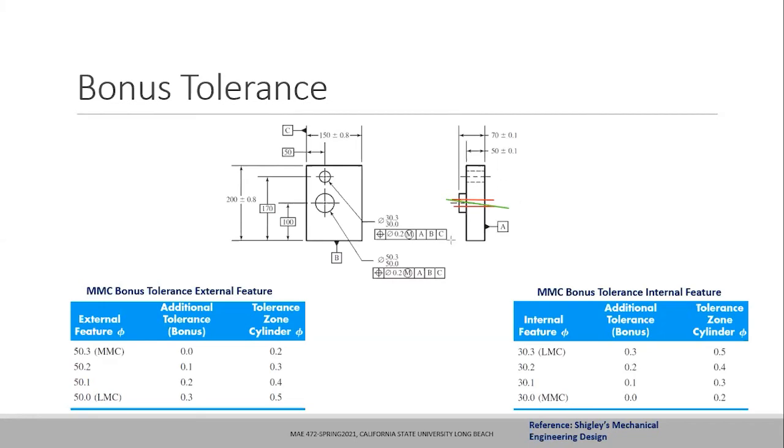If you insert a gauge pin, if it is an external part, then you will use the actual mating envelope. If we remember, we discussed the actual mating envelope. If you use a gauge block that has a hole of this diameter and try to fit it with respect to the bottom face A, that will provide you the perpendicularity, or control the perpendicularity, of this feature or the axis itself.